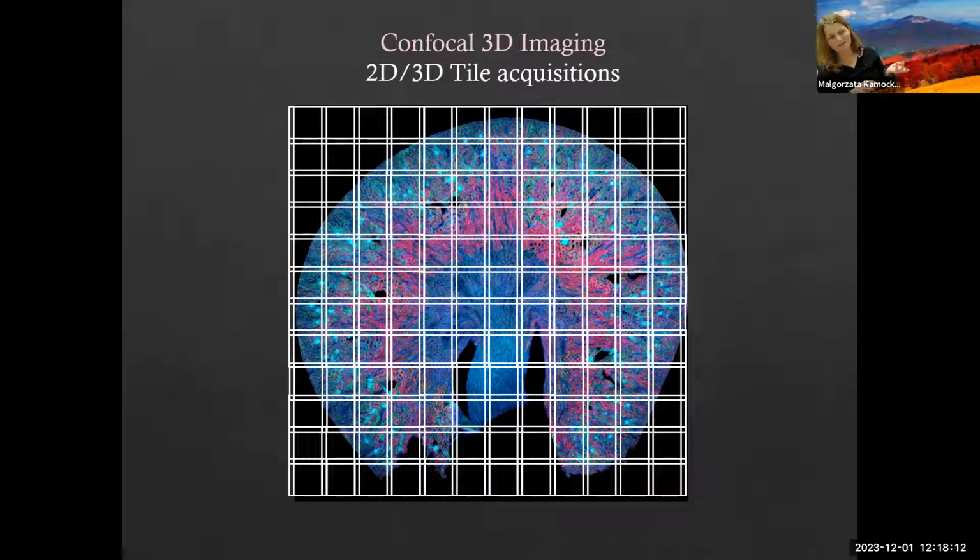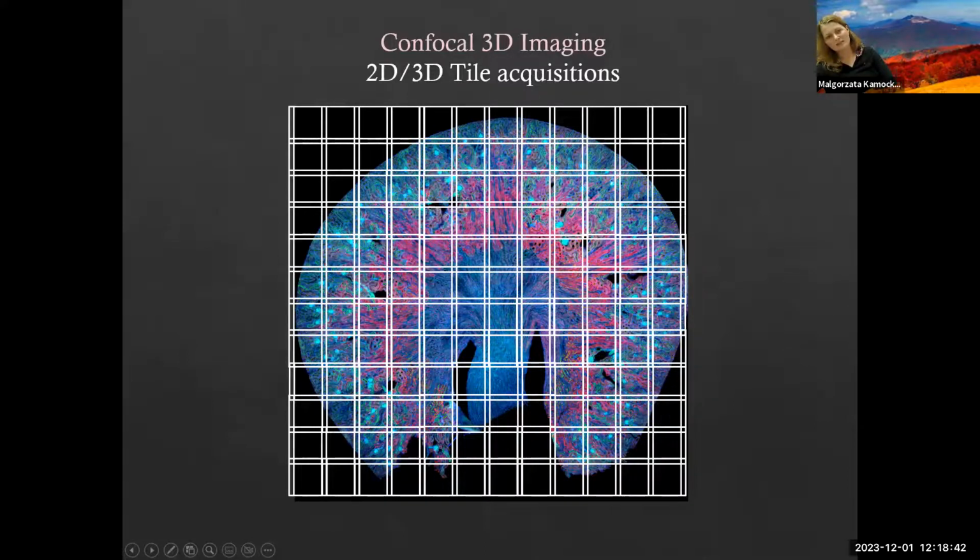So it's our judgment sometimes which interferes with the experiment. So many investigators collect tile acquisitions. This is a very helpful technique because you can collect adjacent single fields with certain overlap to be able to stitch them at the end.